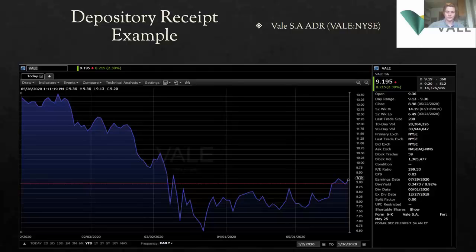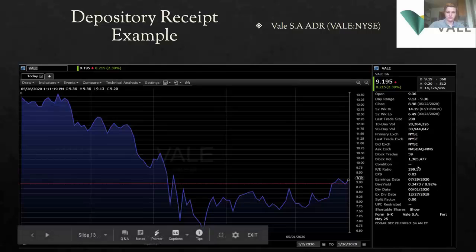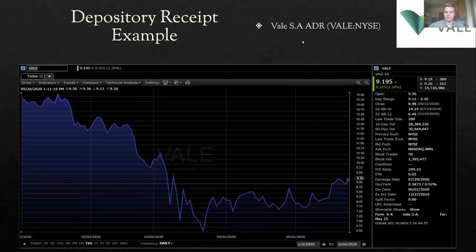Going through the stock ticker, we have Vale, South America, and then American Depository Receipt, which is the ADR. You can see it's similar to our preferred stock and common stock, with very similar features. You can tell their dividend yield, their earnings date, their earnings per share, just like you can with common or preferred stock.